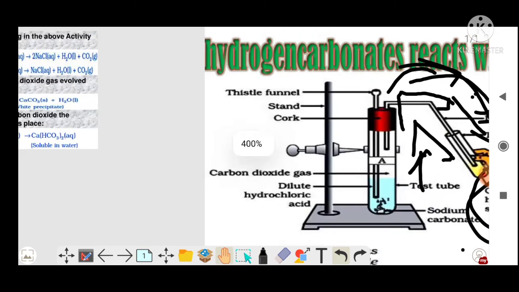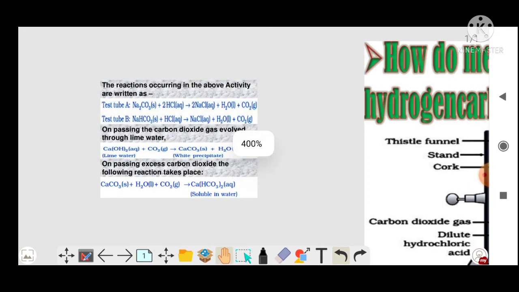So the descriptions: the reactions occurring in the activity are written as test tube A, sodium carbonate and hydrochloric acid.